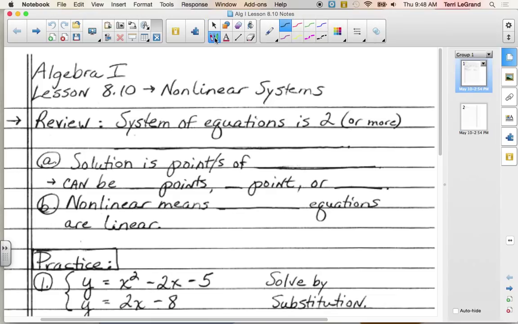A system of equations is two or more equations working together.